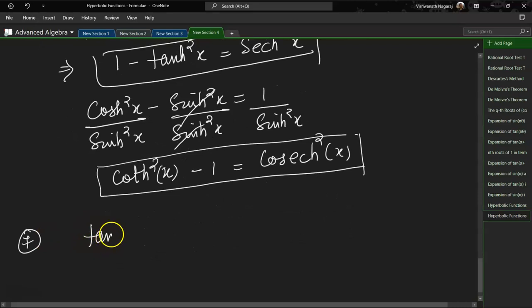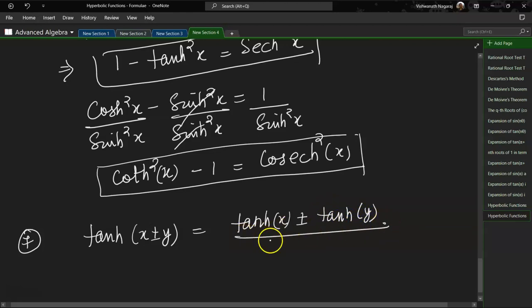Okay, tan h of x plus or minus y is equal to hyperbolic tan of x plus or minus hyperbolic tan of y divided by 1 plus or minus tan hyperbolic x times tan h of y.